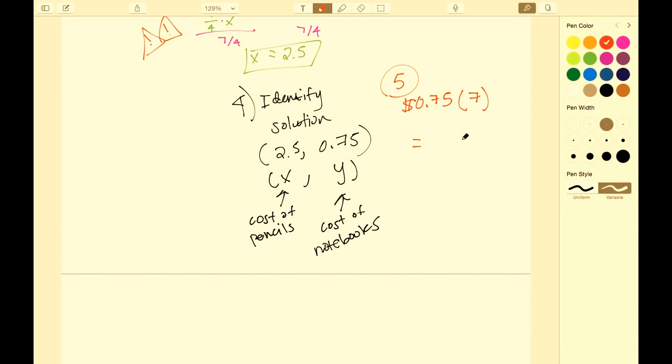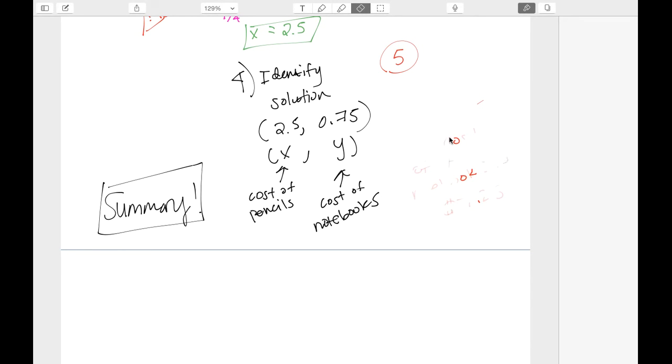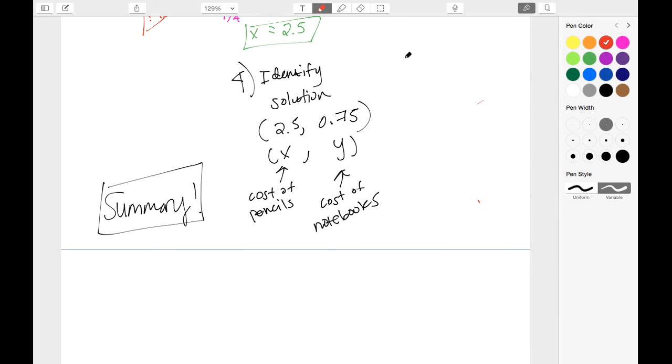Which will end up being $5, or not $5, $7.25. So this will equal 7.25. So we can say, right, so what we need to do here is identify how much it would cost for 7 notebooks.